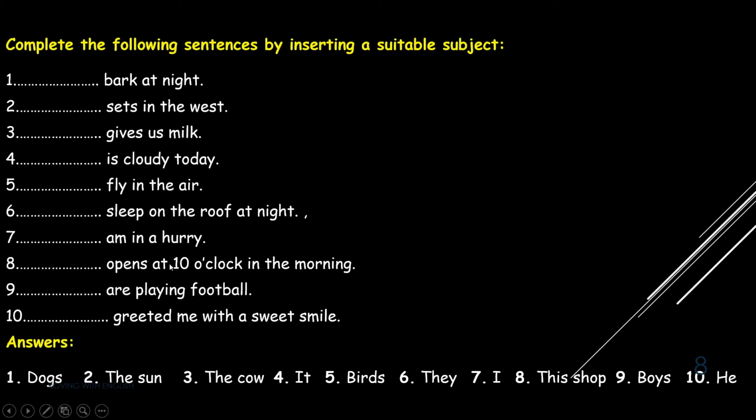This shop opens at 10 o'clock in the morning. Boys are playing football. He greeted me with a sweet smile. You can use any subject to complete these. It's not necessary to use the same words that I've used here. But in the seventh question, dash am in a hurry, you have to use I. I am in a hurry.